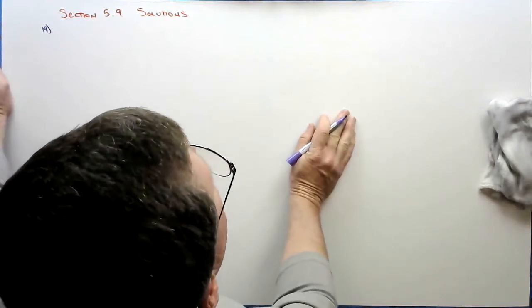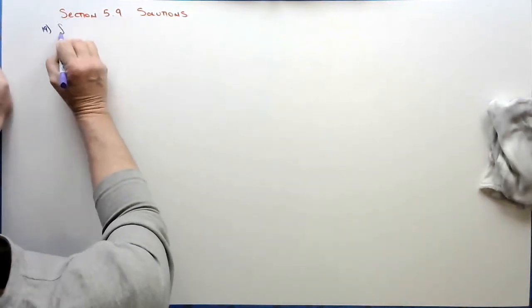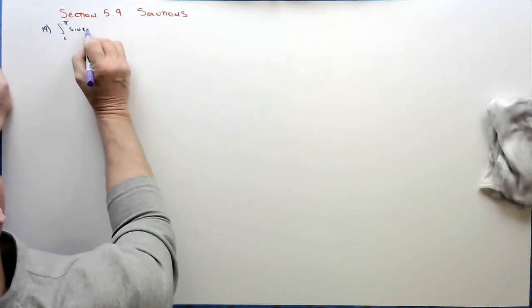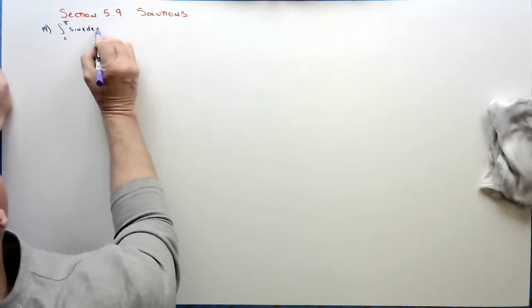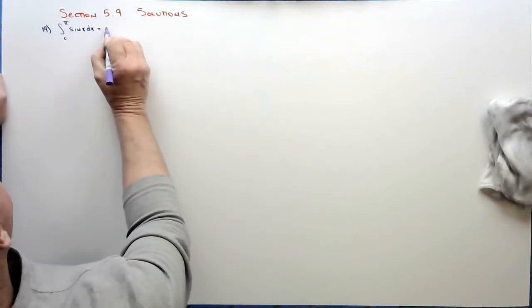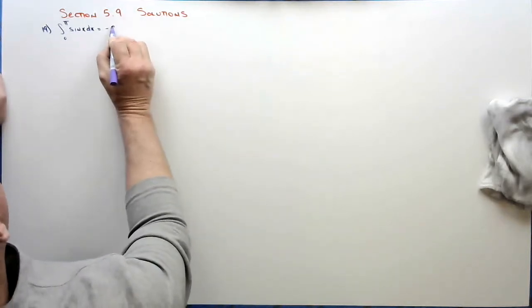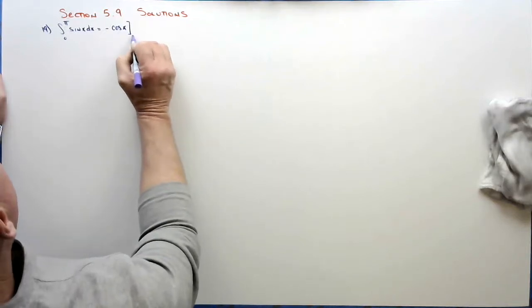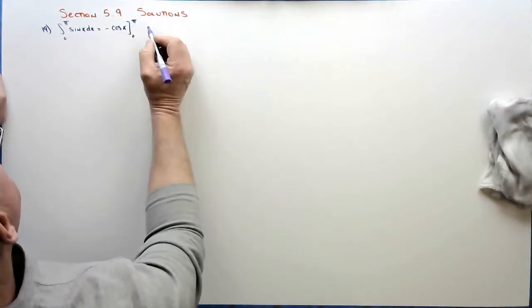says we have the integral from 0 to pi of sine x dx. Now, we know the value of that integral, right? If we integrate sine, we get negative cosine. We're going to evaluate that between 0 and pi.